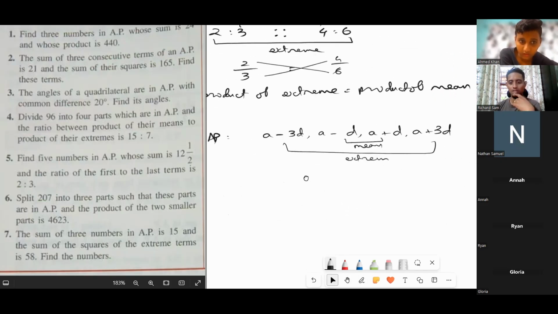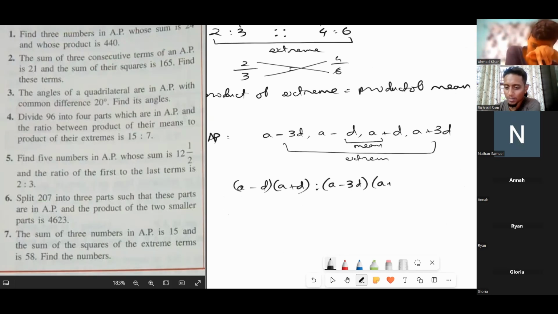Second: the product of means is to the product of extremes is equal to 15:7. So the product of means is A minus D into A plus D. This is the product of means. So the ratio between the product of means to the product of extremes, that is A minus 3D into A plus 3D.